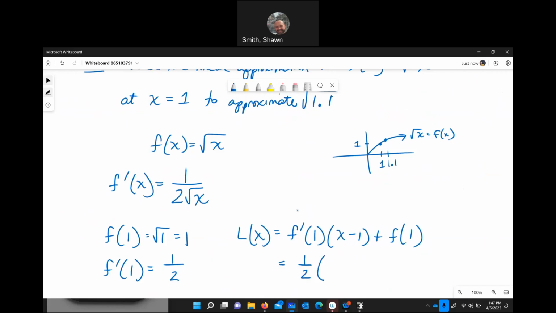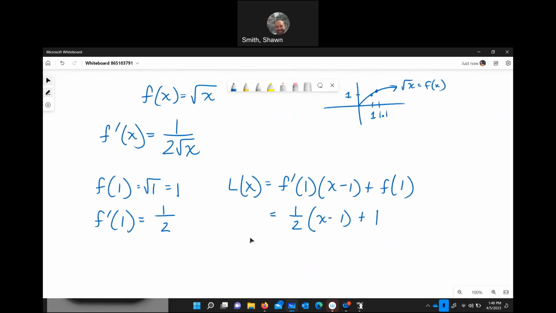This is 1 half, times x minus 1, plus f of 1, which is 1. So I use this to approximate the square root of 1.1.